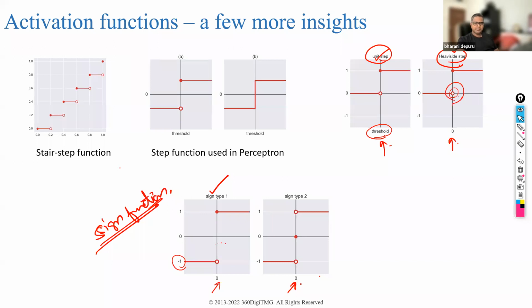Okay, then is this a linear function? Are the step functions linear functions? Let me see how many of you understand this and answer correctly. No. These are all non-linear.